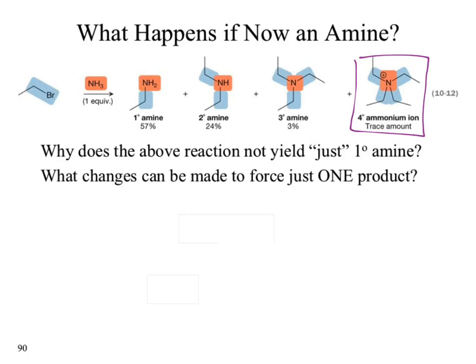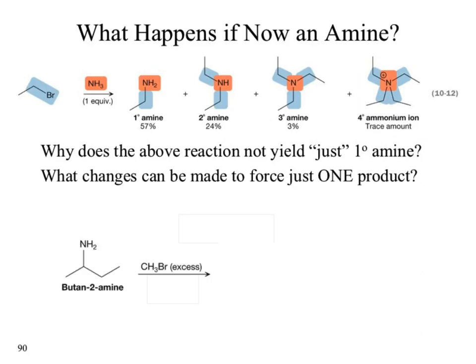So what can I then do with that? Well, if I go through and do this, and now do a simple change. I added the excess, and now I add sodium hydroxide and heat. Heat is a signal for elimination. Sodium hydroxide is a strong base, which is a signal for elimination.